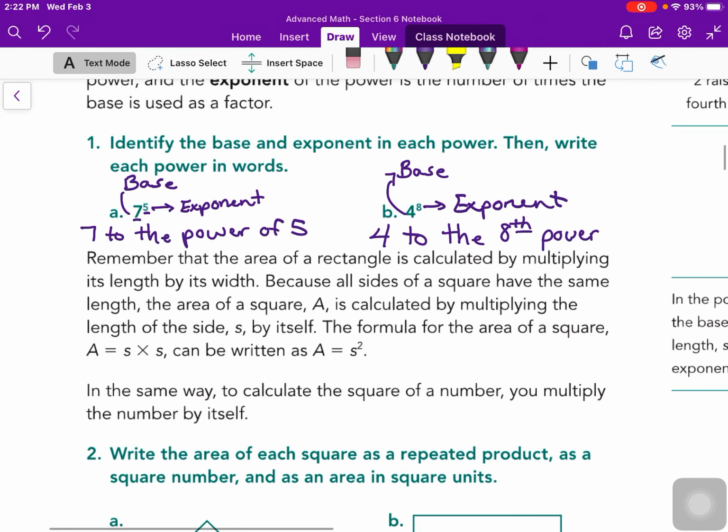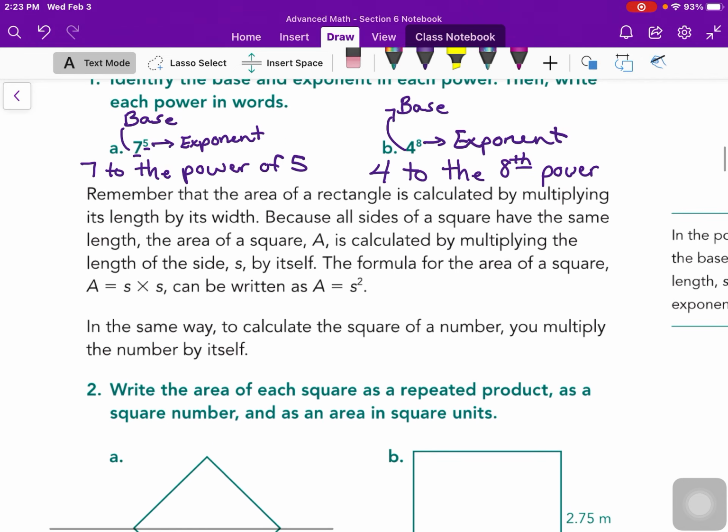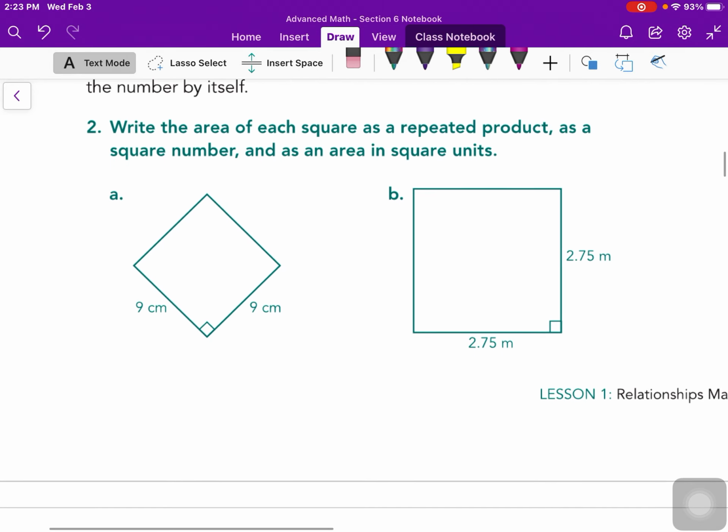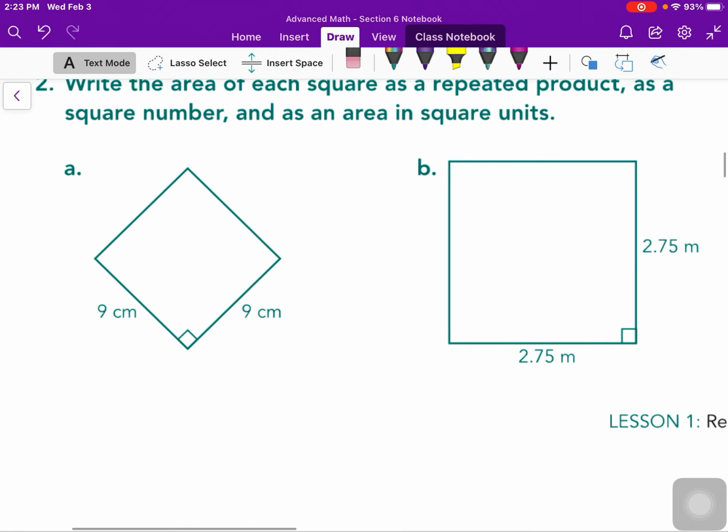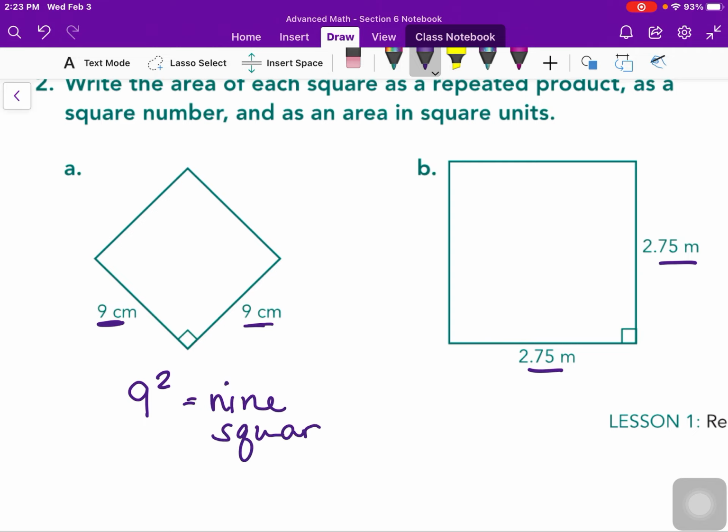All right. Sometimes your base and your exponent make a perfect square or a perfect cube. If you look here at these squares, you know they're squares because they have the same length sides. So we call these perfect squares. We could represent them with an exponent by saying 9 to the power of 2, or we could call it 9 squared. Why do we call it that? Because it makes a perfect square.